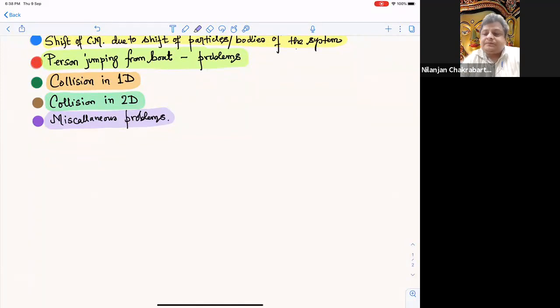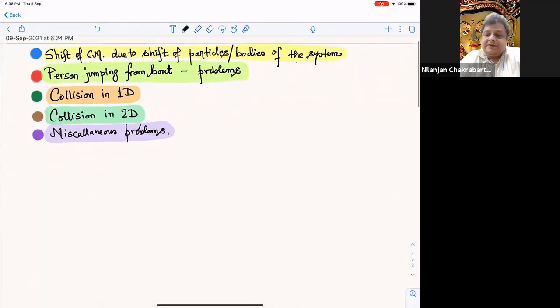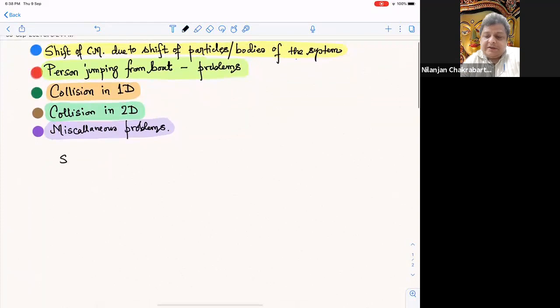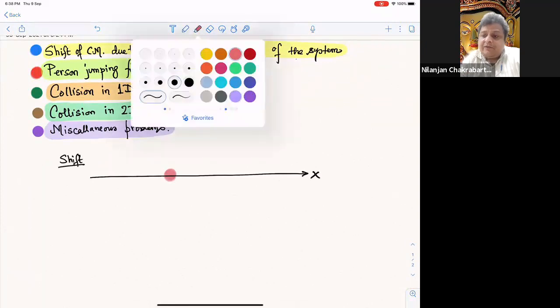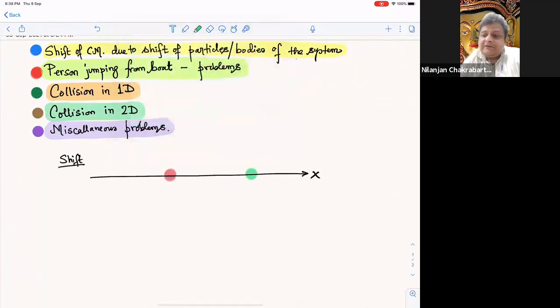Acha. First of all, দেখা যাক shift মানে কি? What is shift? Say if you consider x-axis only, say initially the particle is somewhere here and finally the particle is somewhere there.